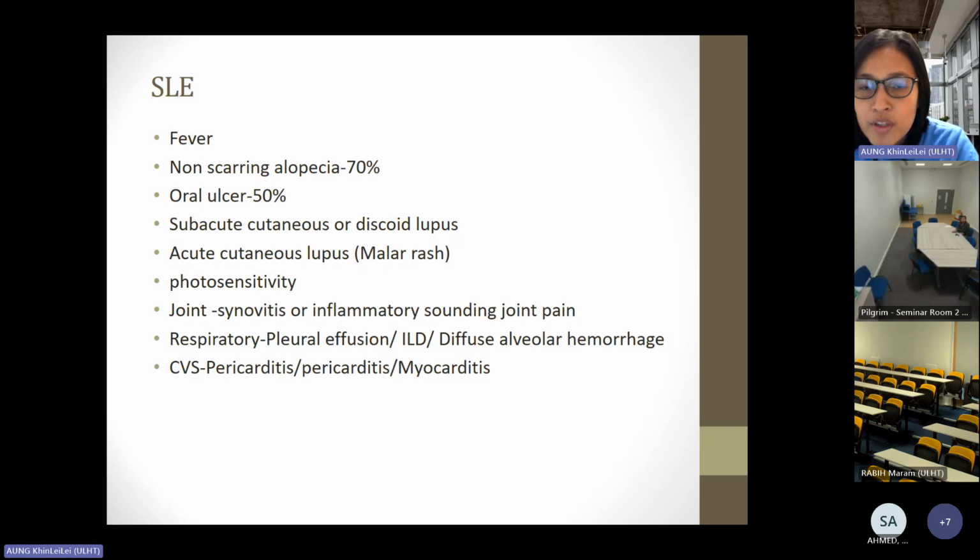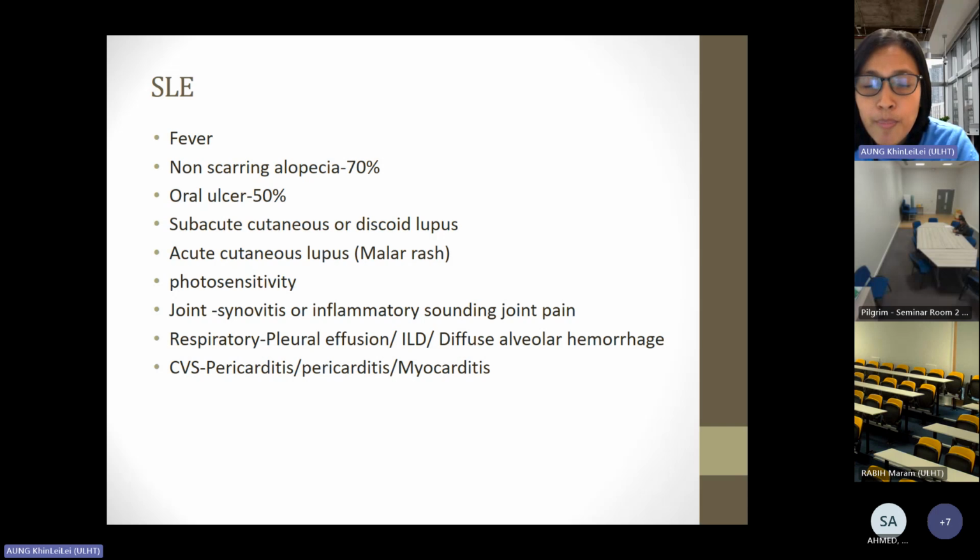The next common presentation is joint manifestation. They can present with synovitis. Synovitis means inflammatory arthritis together with joint swelling, or inflammatory-sounding joint pain. The patient can have joint pain with prolonged morning stiffness, and usually the pain improves with activity.